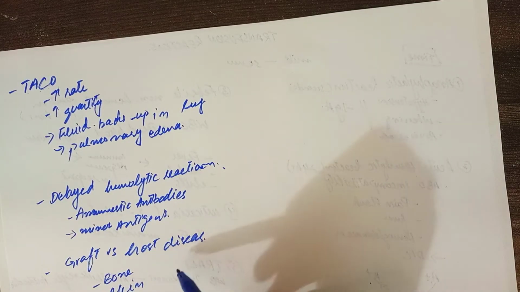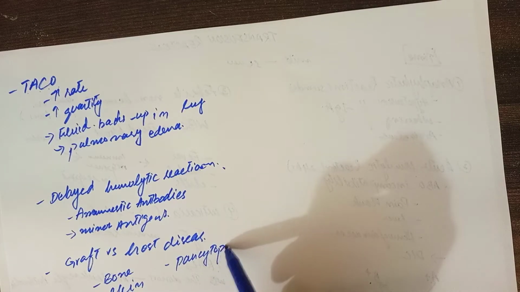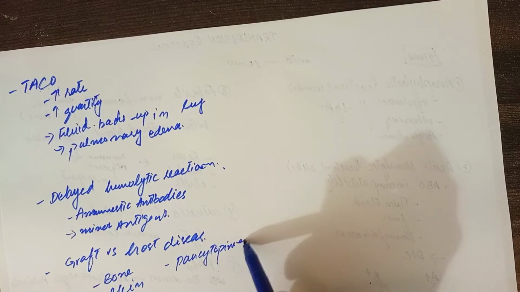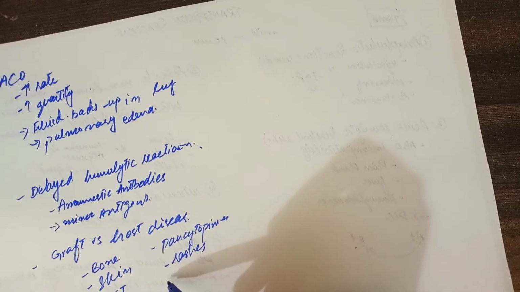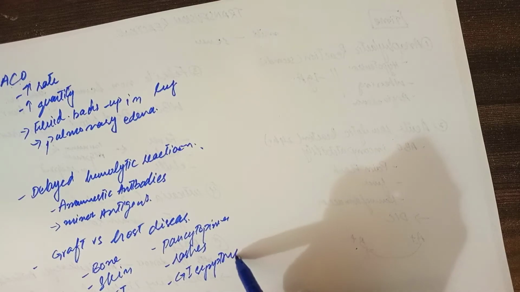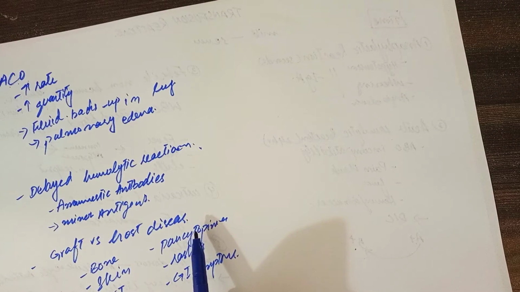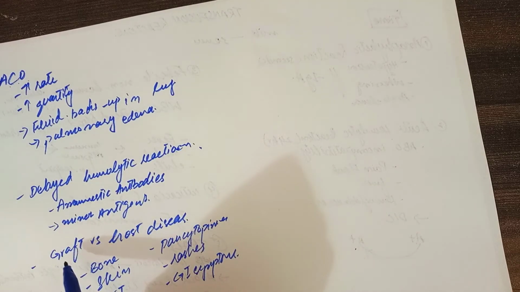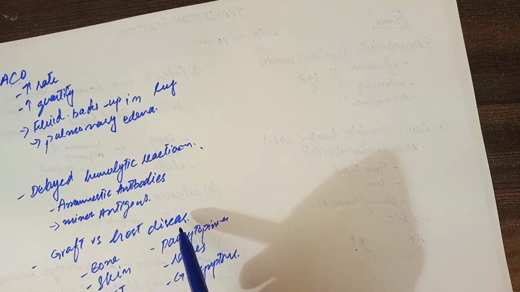And this leads to symptoms of pancytopenia, rashes, and different GI symptoms. This reaction mainly occurs in immunocompromised patients where the immune system of the recipient cannot deal with the immune cells of the donor's blood.